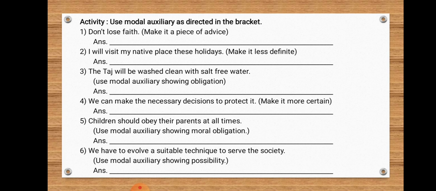So in this way, use these modal auxiliaries wherever you are asked to use them.